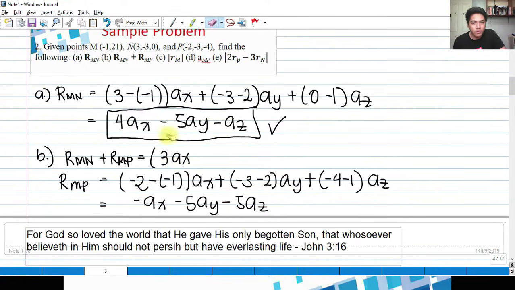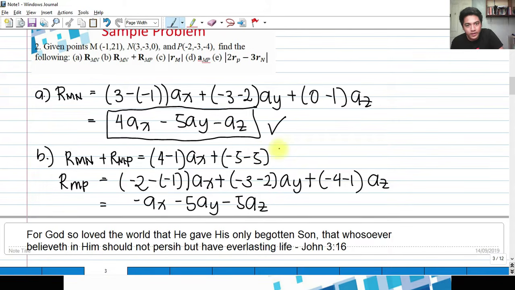I will show you how again. The components: 4 and 1. So we have 4 minus 1 a_x, plus negative 5 minus 5 a_y, plus negative 1 minus 5 a_z.